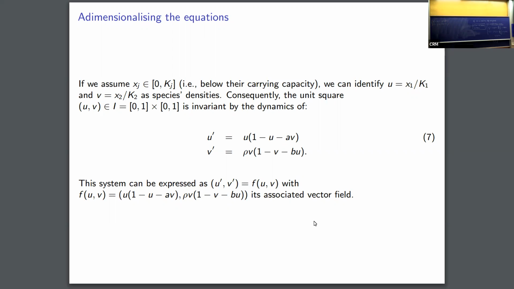Which is a nullcline? A nullcline is defined as the points, for instance, such that u prime is equal to 0. This gives me the curve in the plane of those points where there is no change in this variable. So crossing this curve, or the set of curves, the variable u does not change. In my case, you have either u equal to 0, or you have this line.